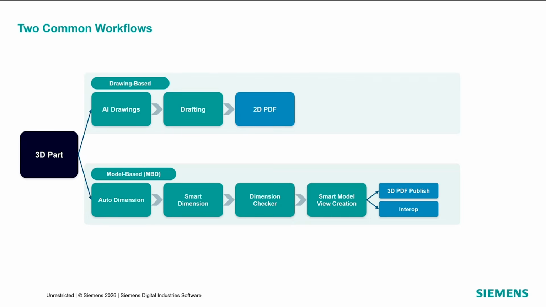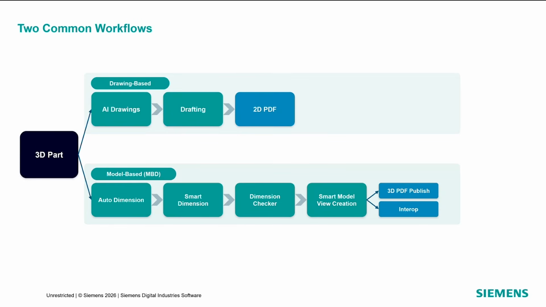One is the drawing base that still a lot of companies these days use, where they make a draft inside Designcenter Solid Edge, no matter what software, and then you'll push it to a 2D PDF, DWG, and so on, and get it to the shop floor. And this is where AI drawing can help you, and we'll cover that a little bit to help you with 70 to 80% completed drawings, and then you can start using some more drafting techniques to get that drawing completed.